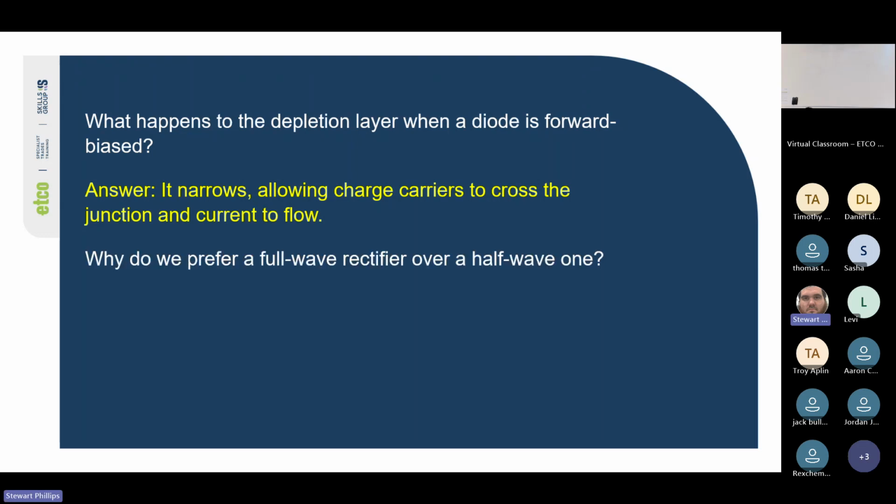So why do we prefer a full wave rectifier over a half wave one?